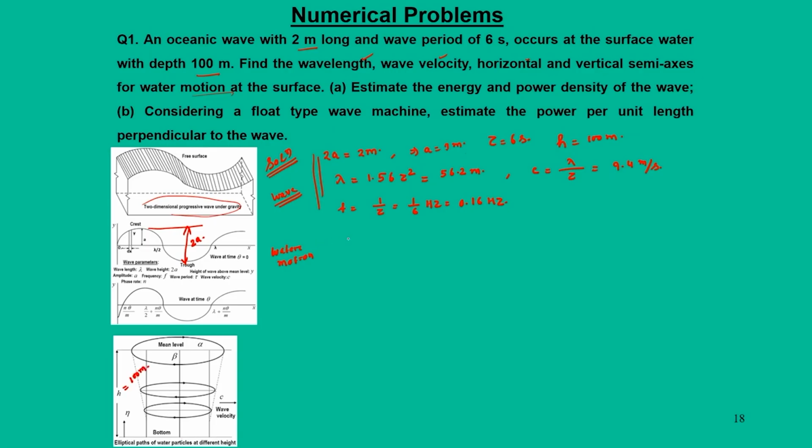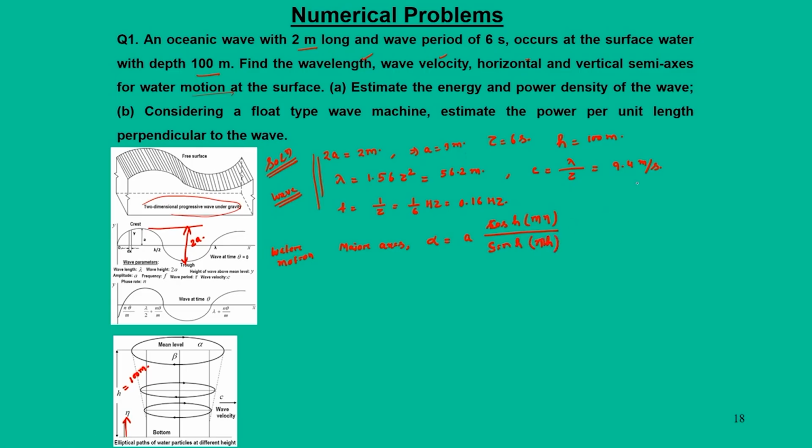What we need to recall from our analysis is the major axis of the ellipse, alpha, which equals a times cosh of m eta, where eta is the distance measured from the bottom, divided by sinh of m h.